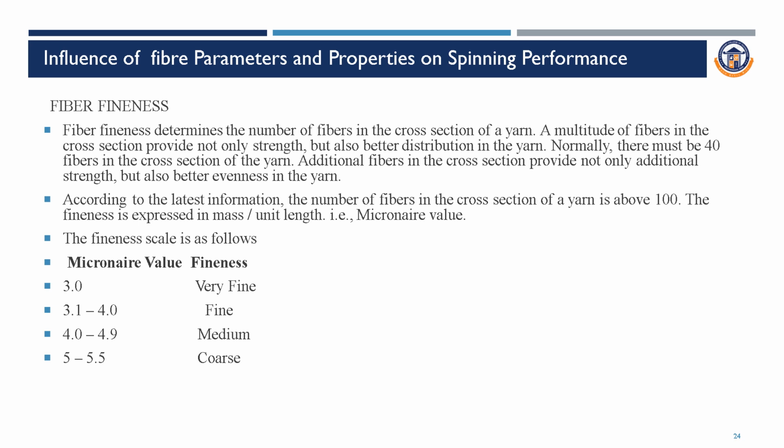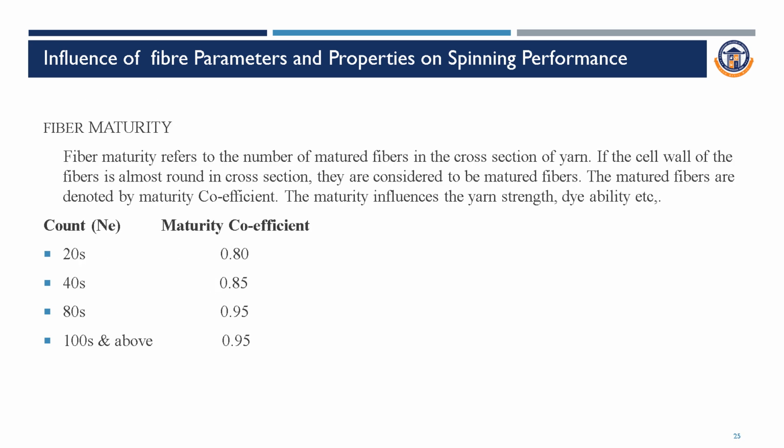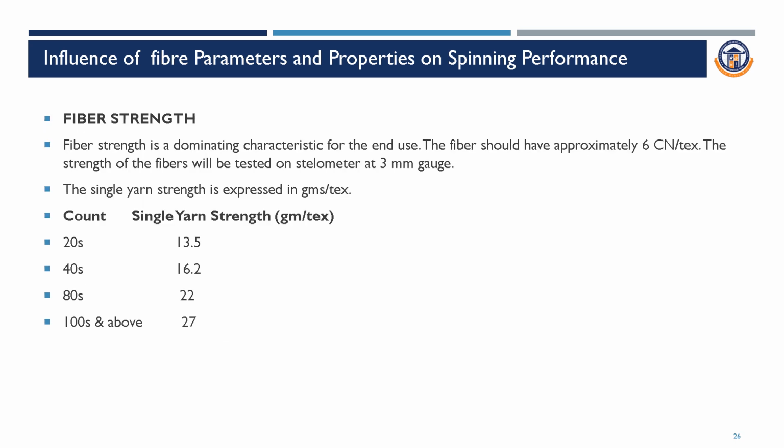Micronaire value below 3 is very fine, 3.1 to 4 is fine, 4 to 4.9 is medium, and 5 to 5.5 is coarse. And fiber maturity coefficient: 20 is 0.80, 40 is 0.85, 80 is 0.95, and 100 and above 0.95. Maturity refers to the number of matured fibers in the cross section of the yarn.